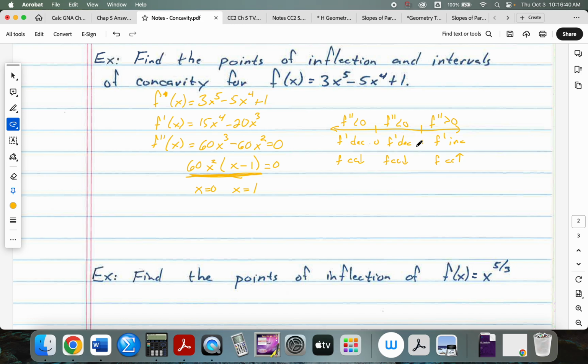Very much like sometimes we didn't have a local minimum or a local maximum at some critical point. So f has a point of inflection, and we usually abbreviate it POI, at x equals 1.